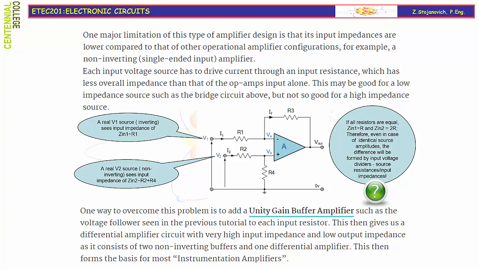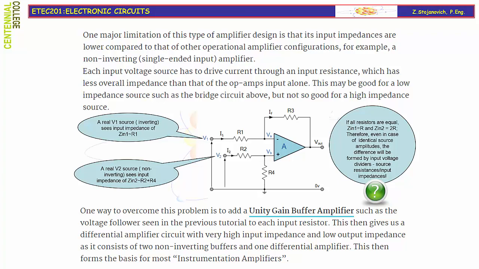Now, if all resistors are equal, let's say, then ZIN1 is equal to R and ZIN2 is equal to 2R. Therefore, even in the case of identical source amplitudes, the difference will be formed by input voltage dividers, which consist of the source resistances and input impedances.